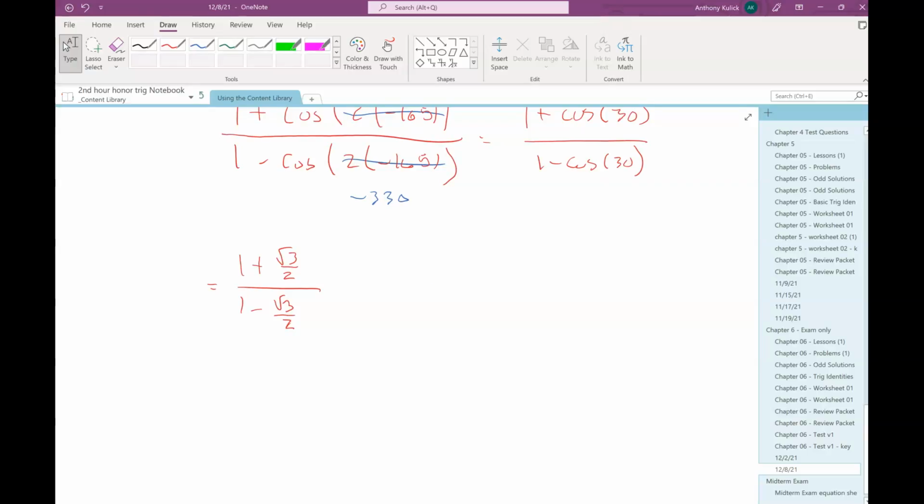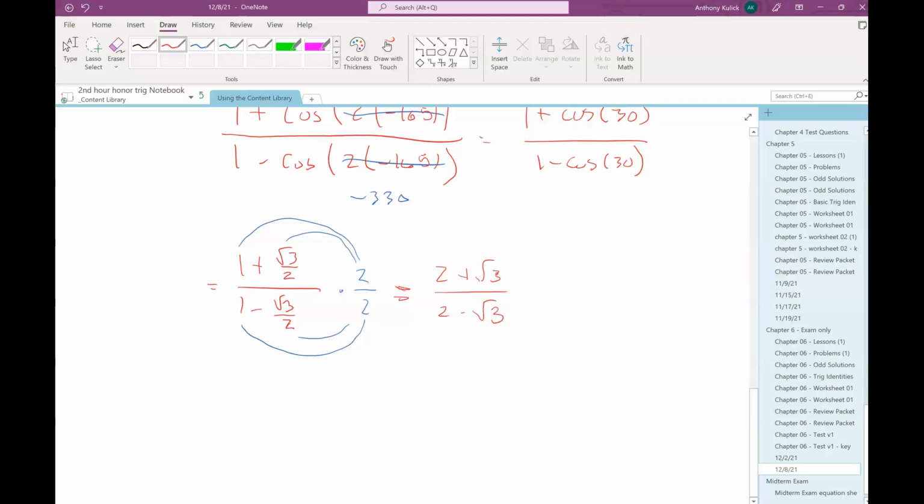To do that, what should I multiply the top and bottom of this by? 2, right? Whatever that denominator is. So that's going to give me 2 plus root 3 over 2 minus root 3.